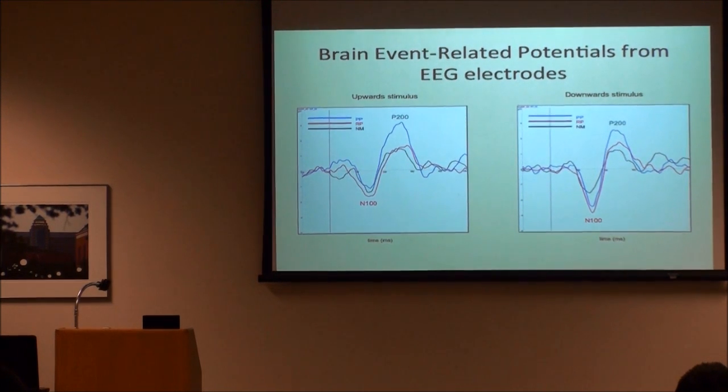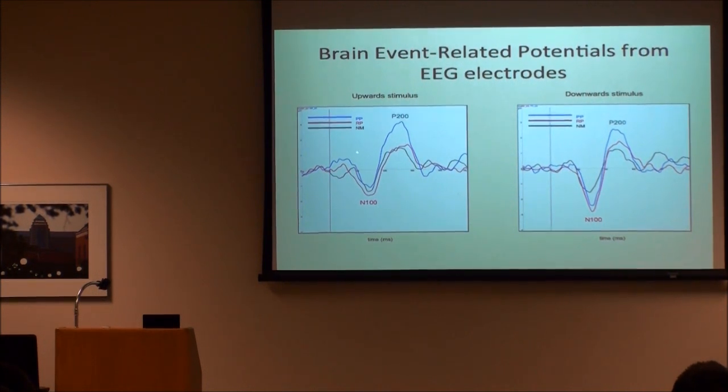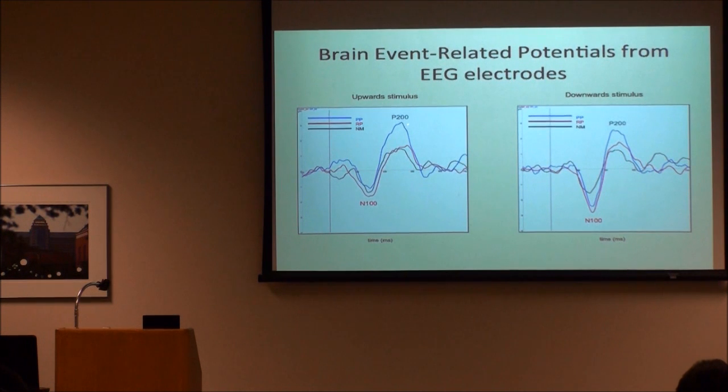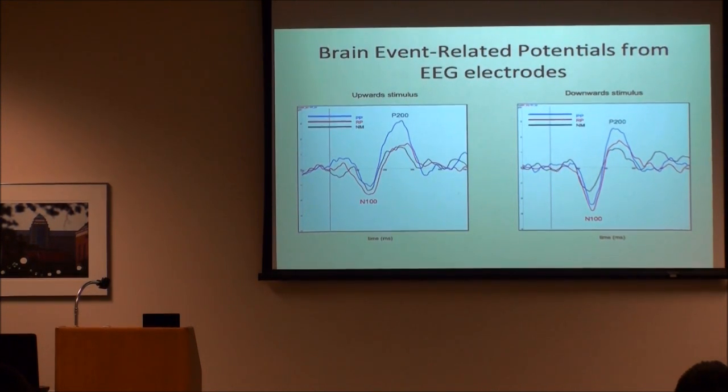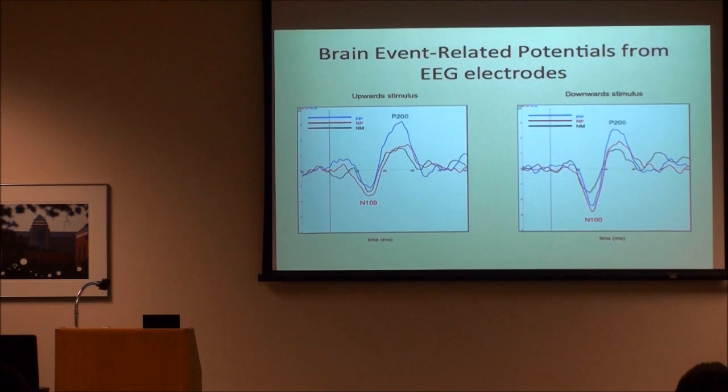And on the left, we have responses to upward stimuli, and the right to downward stimuli. The blue line represents the signal for the musicians with perfect pitch. And then the red line, relative pitch. And then the black, the non-musicians.